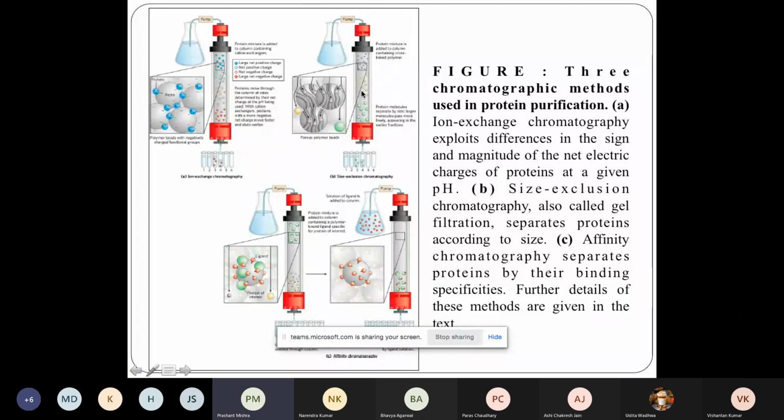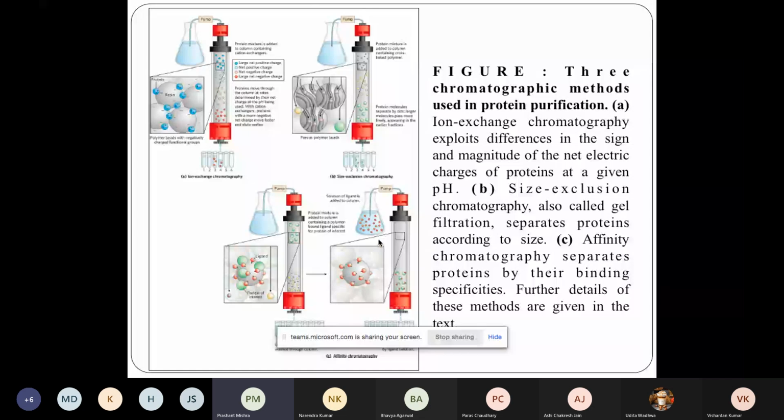If I know that I have some contamination in the protein which differs in molecular weight, then we can use gel filtration chromatography or size exclusion chromatography. On the other hand, at the last step, if I know that my protein has been purified but is not completely purified, then we can use affinity chromatography.